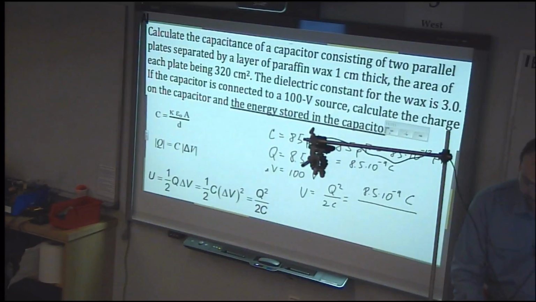And I need to square it. And how should I show what I want to square? If I just write a 2. Exactly. 2 times capacitance.